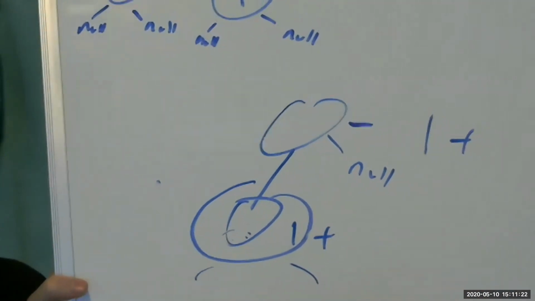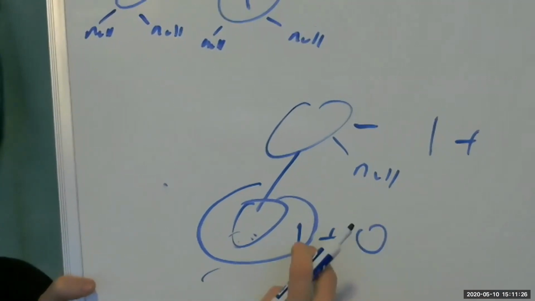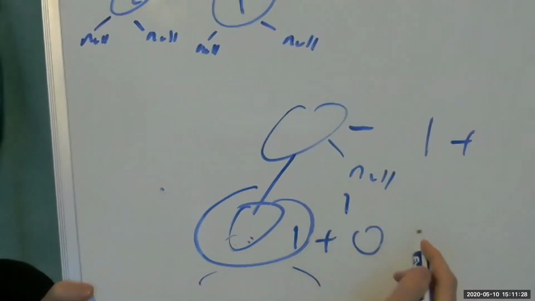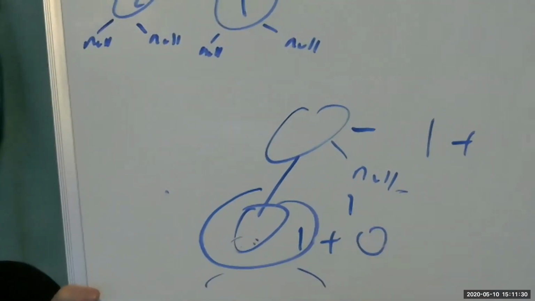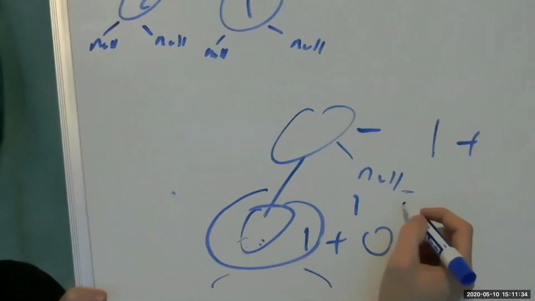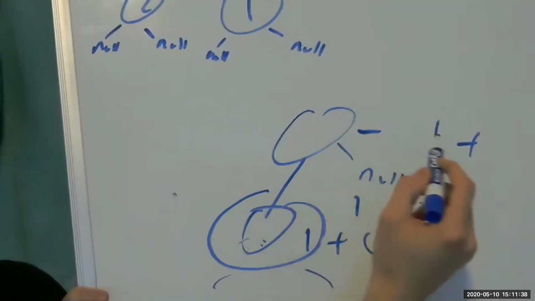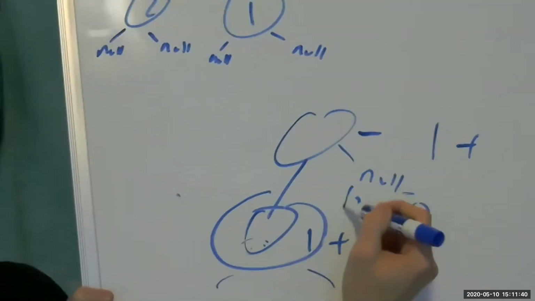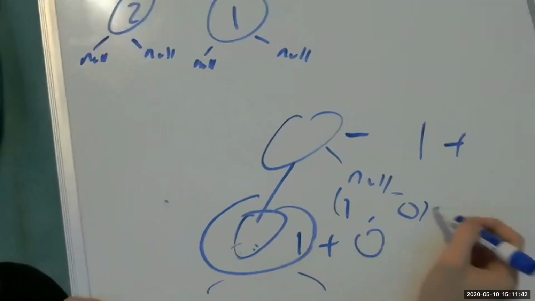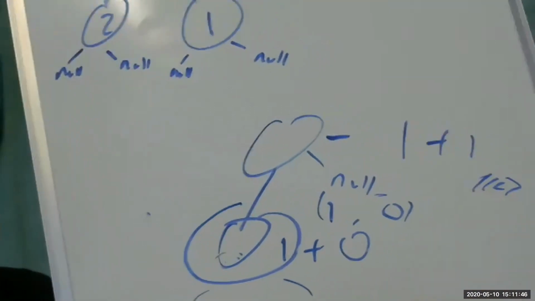Well, its two children are both 0. So that'd be 1 plus 0. And this would be total of 1. We'd also check on the right side here. And the right side would be 0. So now we're taking our 1 plus the max of its two children, which is going to be our 1. And so we get back our 2.